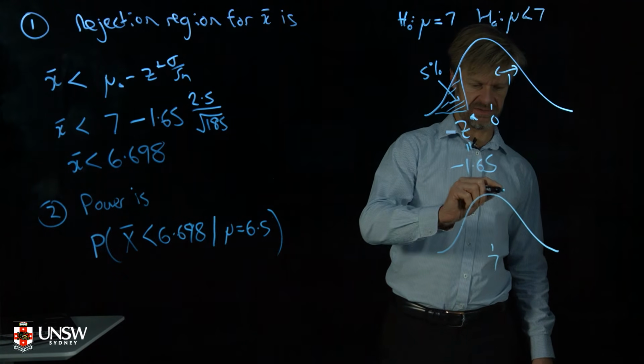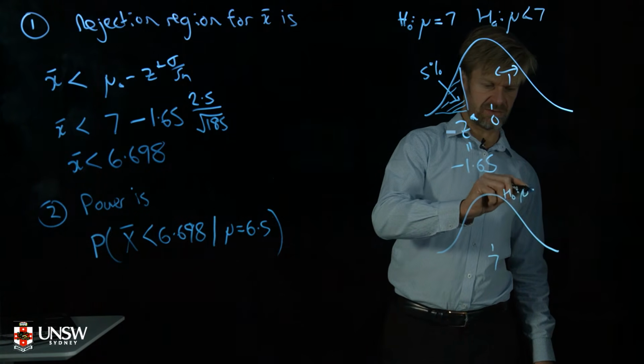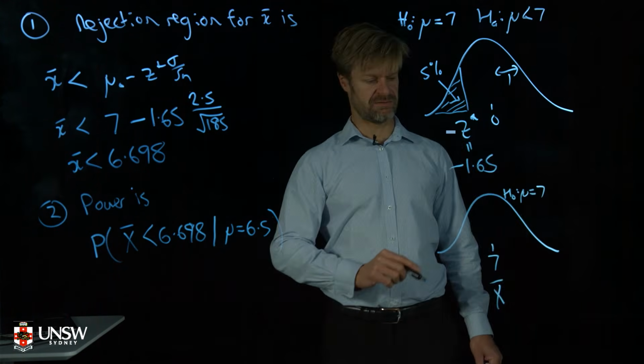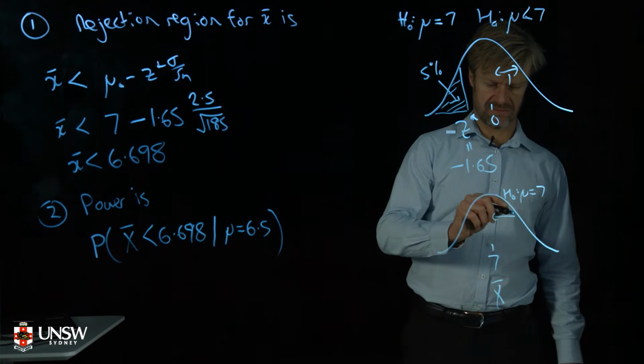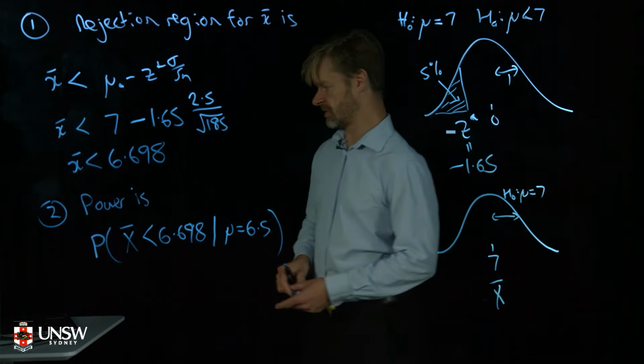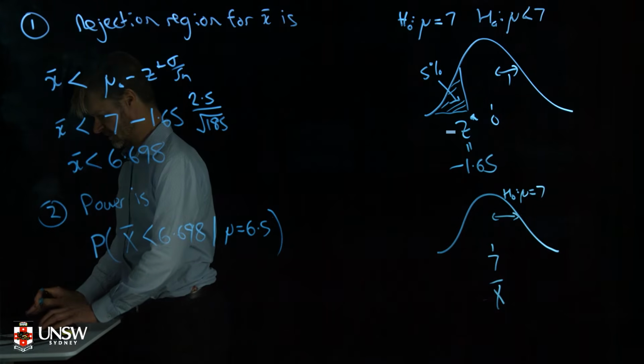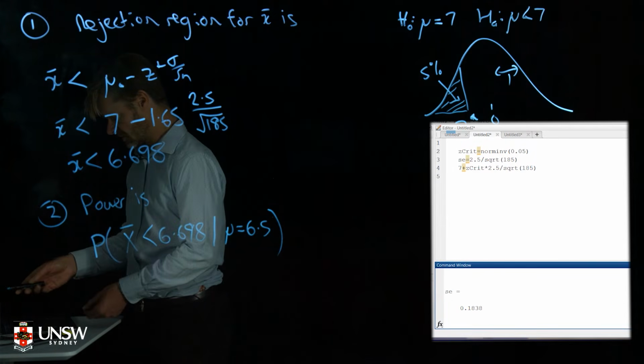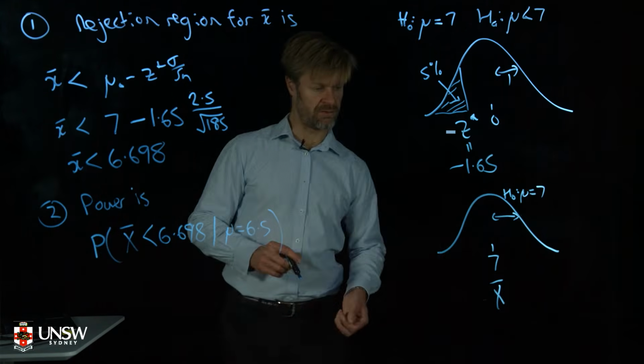Under the null hypothesis that the true mean is 7, we think sample means are centered around 7 with a standard error of 2.5 over the square root of 185. What's that equal to? 2.5 over the square root of n, that's 0.184.